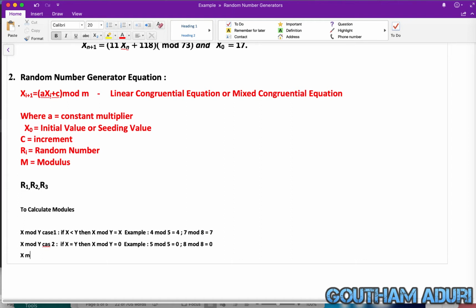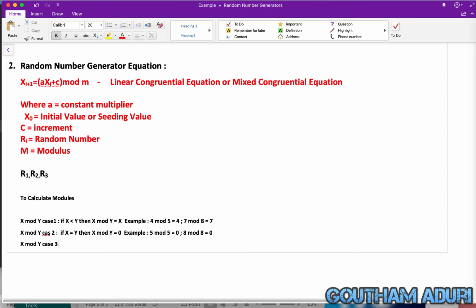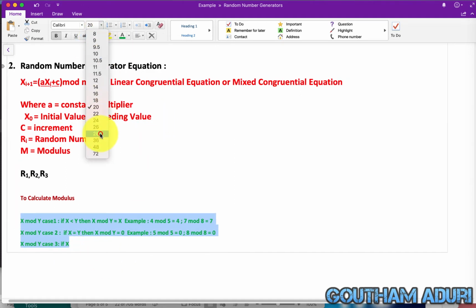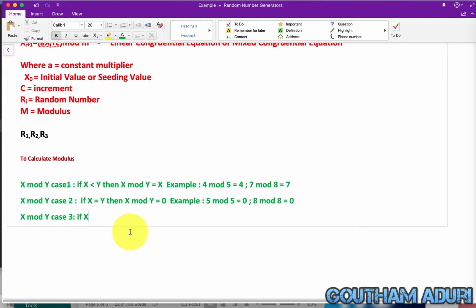Then next, x mod y, case 3. If x is greater than y, then you have to divide.